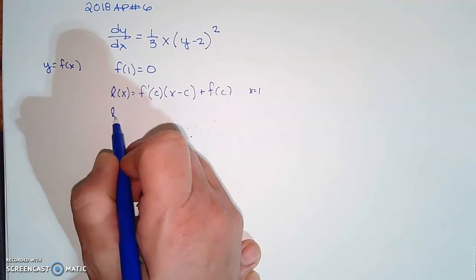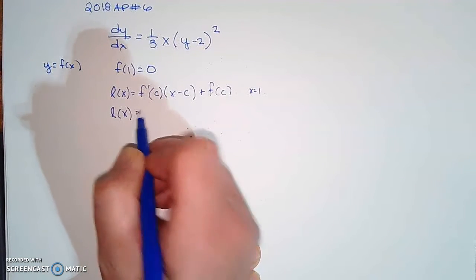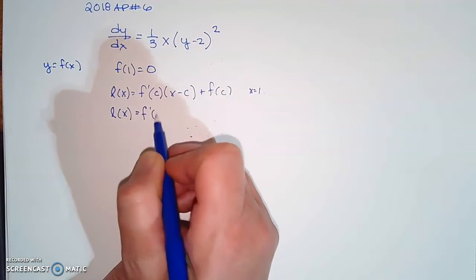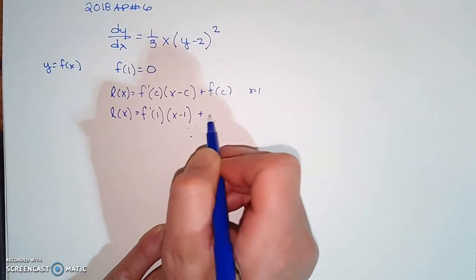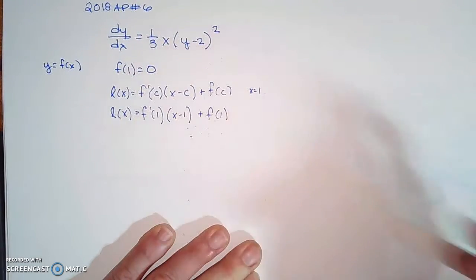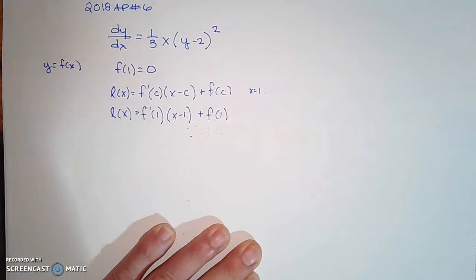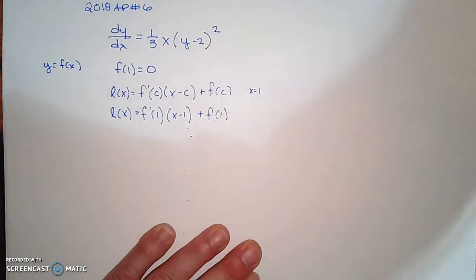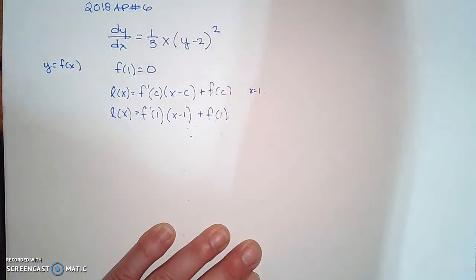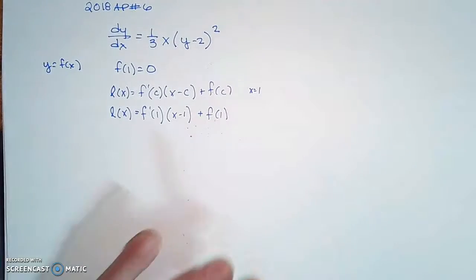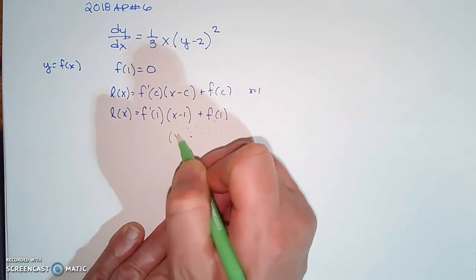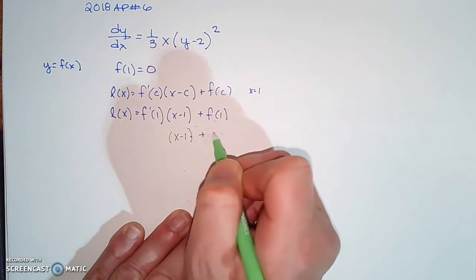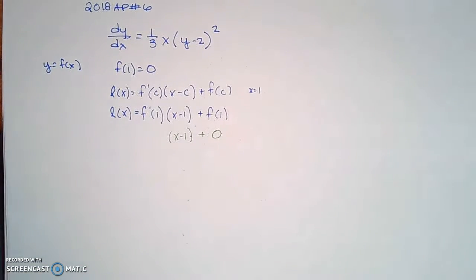So the tangent line is going to be f prime of 1 times (x minus 1) plus f of 1. The whole thing this test is doing is trying to test whether you can identify symbols from other symbols. So I'll do the easy stuff first. F of 1? Well, they told me f of 1 is 0. I can fill that 0 right on there.